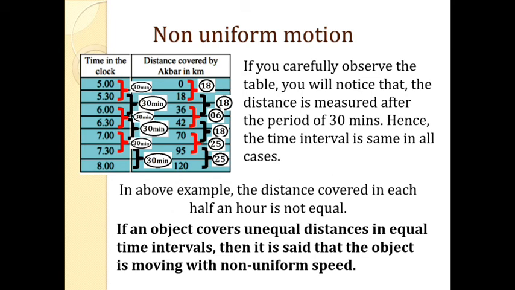So we can conclude that if an object covers unequal distance in equal time intervals, I repeat, if an object covers unequal distance in equal time intervals, then the object is said to be in non-uniform motion.